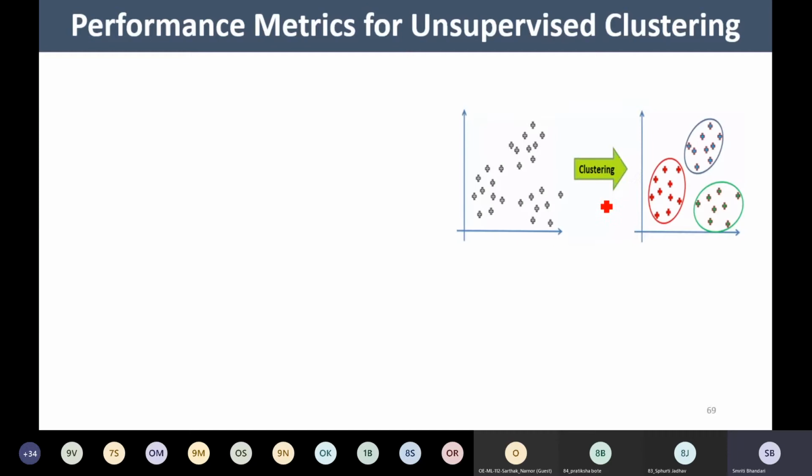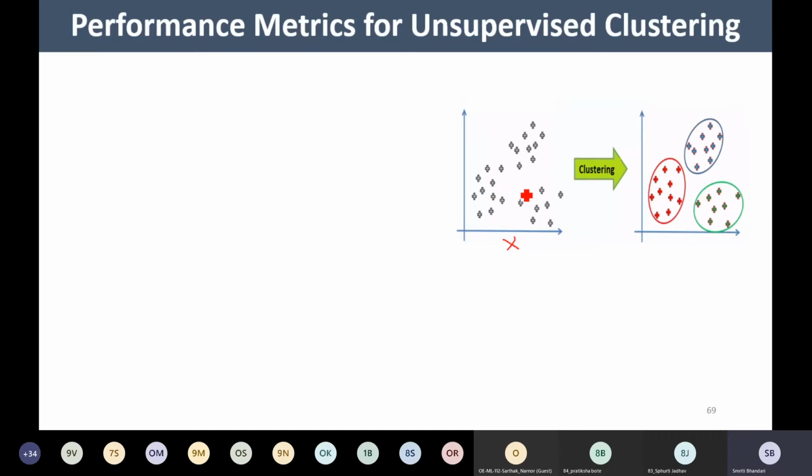Just recall what the unsupervised clustering approach is. We have input data that is unlabeled; we have only X, we do not know Y. Based on some kind of similarity between the samples, we group that data together.